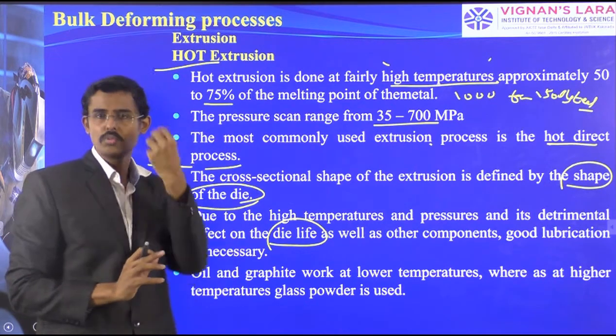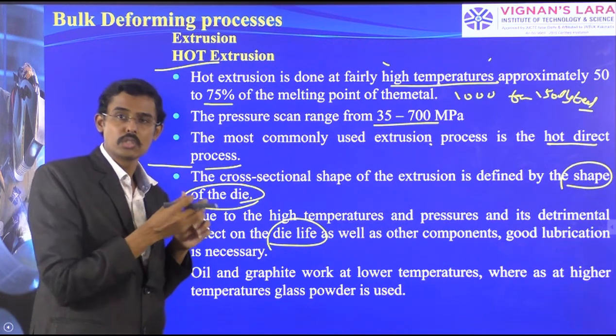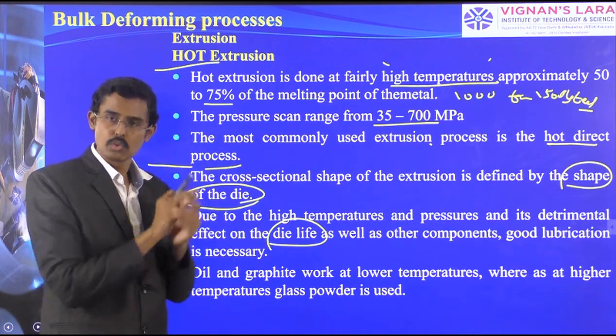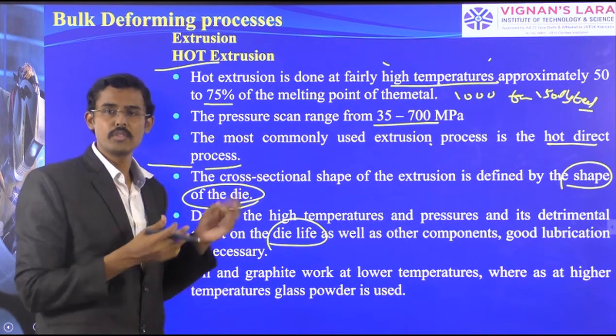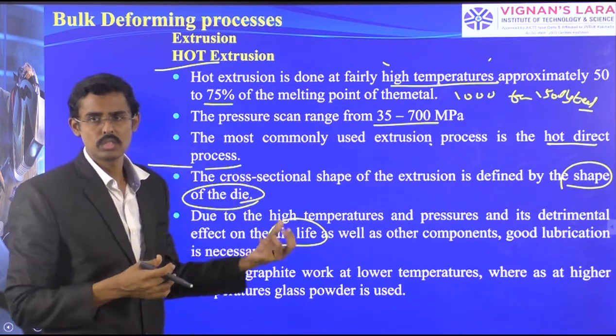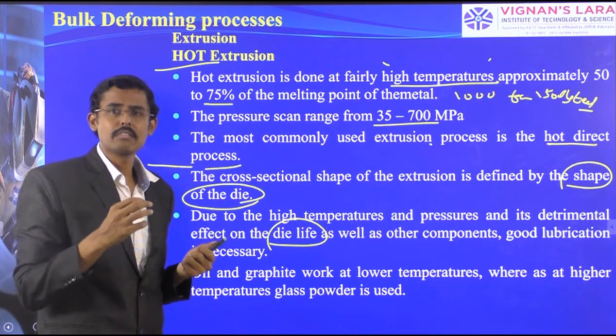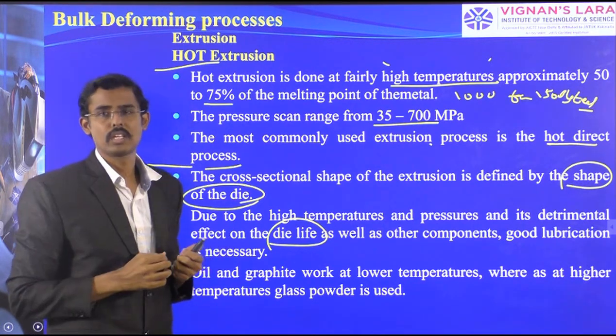The die is going to absorb the temperature, but it should withstand it. It should not deform. If it is deformed, it will come out along with the billet through the holes. So the die material is to be picked in such a way that it withstands the high temperature materials.